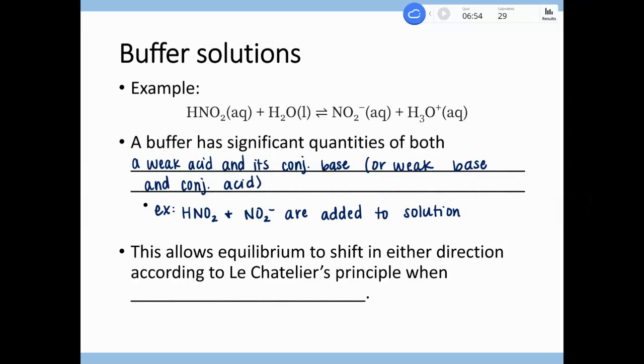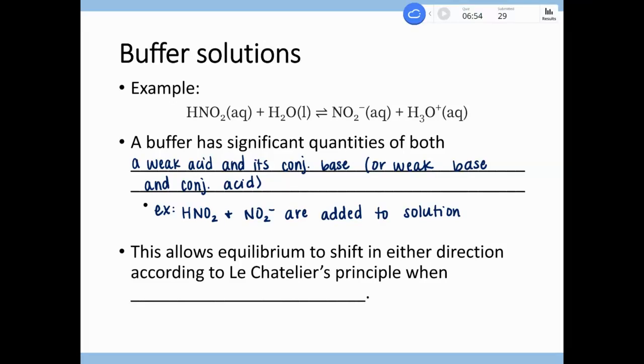So remember, buffer solutions resist a change in pH. So if you prepare a buffer solution by adding HNO2 and NO2 minus, and then another acid or another different base is added, the pH of that solution is resistant to change. So it won't change as a result of adding that additional acid, to a certain extent.